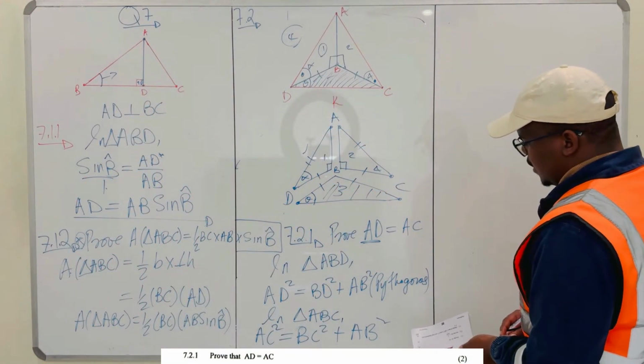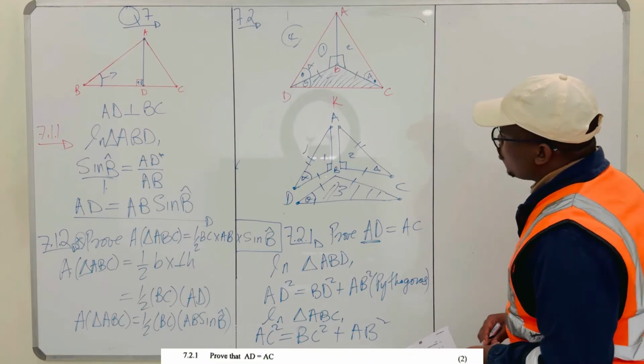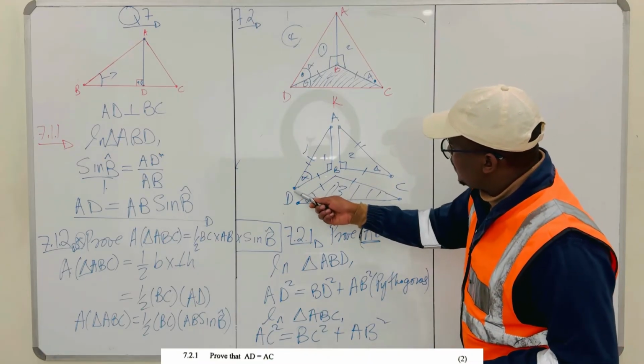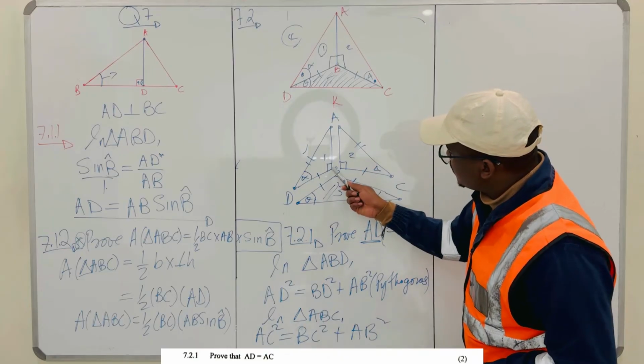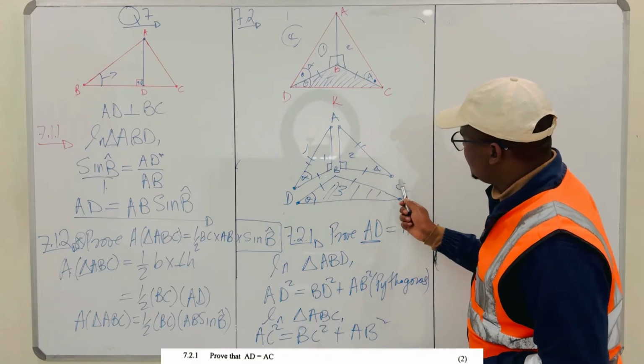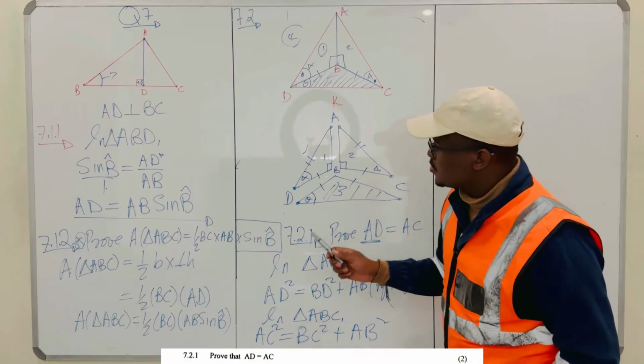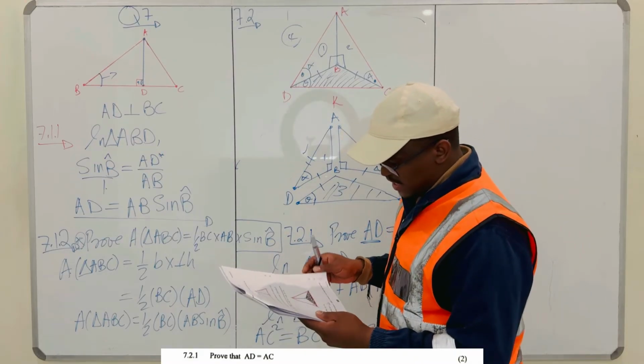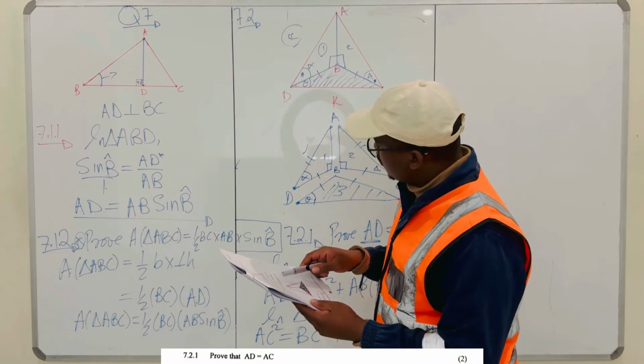We're told here that this length DB is equal to this length BC. We're given this information that BD is equal to BC.